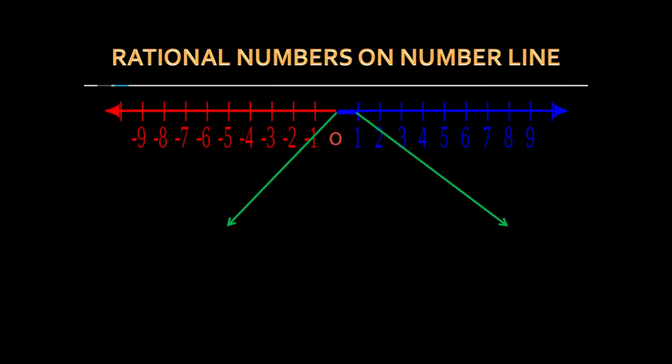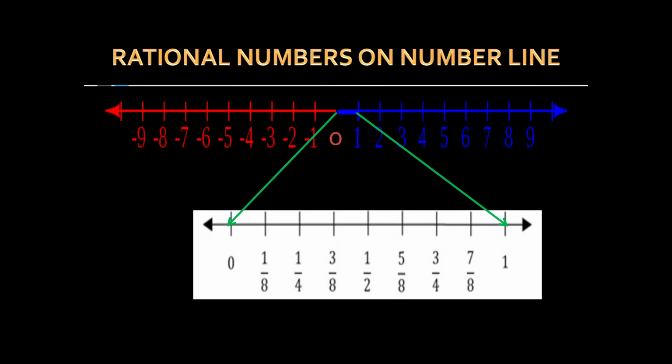But when we take 0 and 1 as rational numbers, we can find an infinite number of rational numbers between them, such as 1 by 8, 1 by 4, 3 by 8, 1 by 2. All rational numbers whose numerator is smaller than the denominator are present in between 0 and 1.